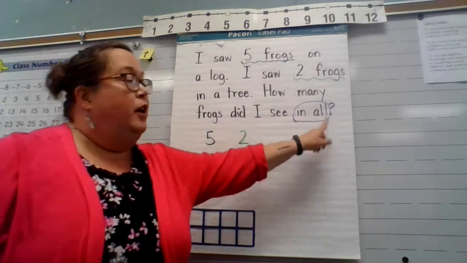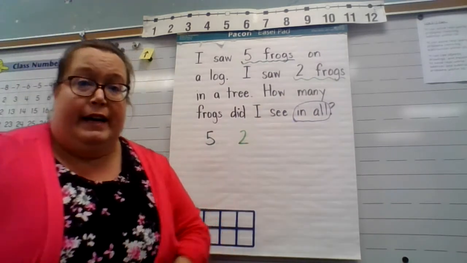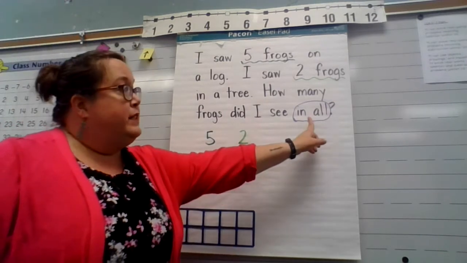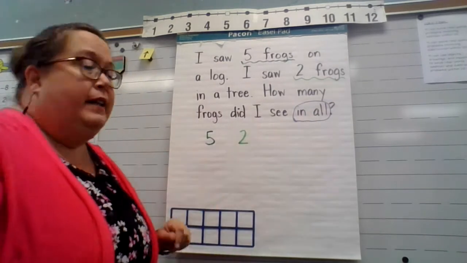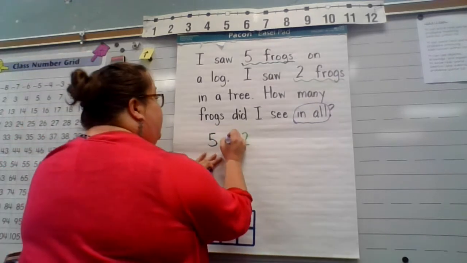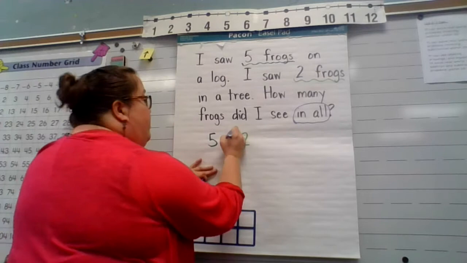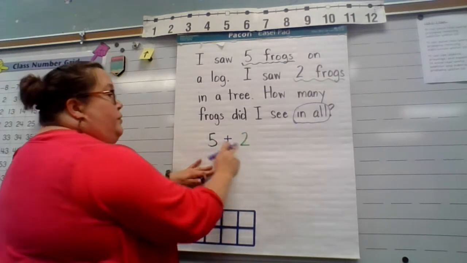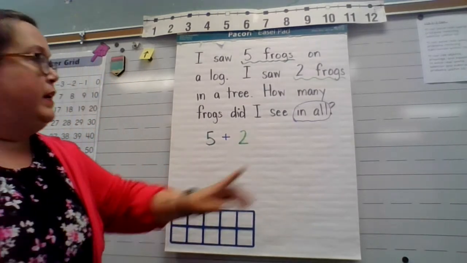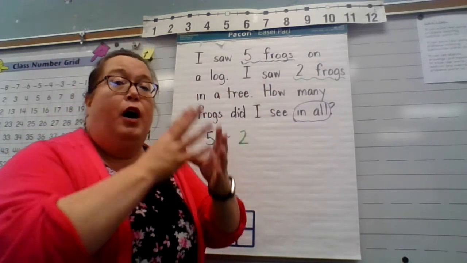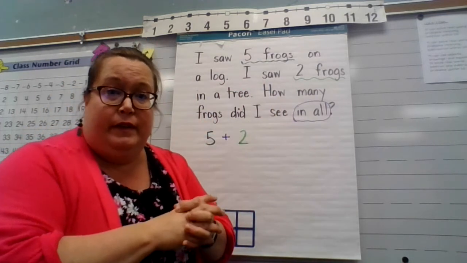Those words in all tell us what to do with these 2 numbers. The words in all tell us that we must add. Okay? We must add those 2 numbers. Because when it says in all, that means all together. All of the frogs. Okay?